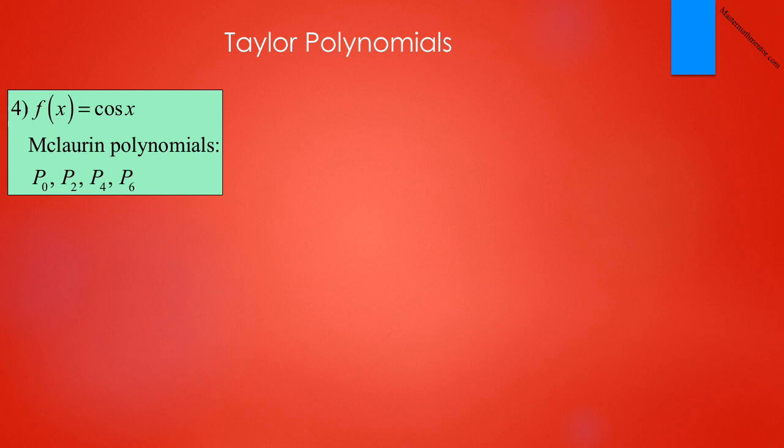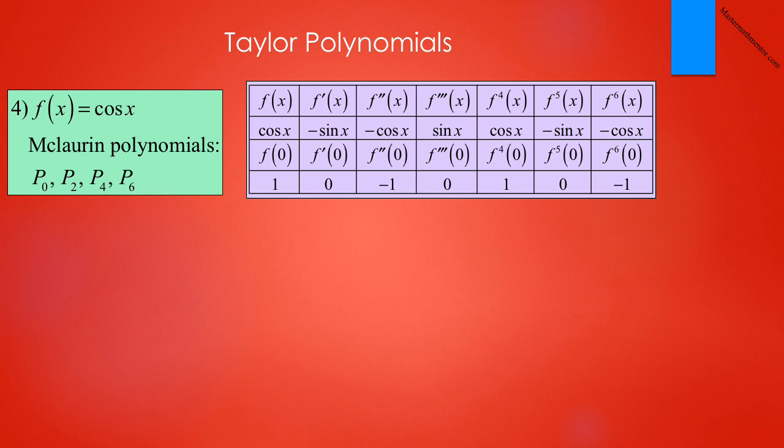Let's do the same with f of x equals cosine x. We want the McLaurin polynomials P0, P2, P4, and P6. We create our table, starting with f of x, then f prime of x, and f double prime of x, moving up to the 6th derivative. And our function is cosine x.